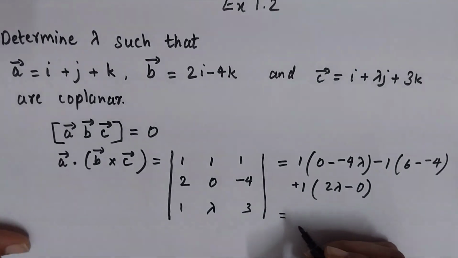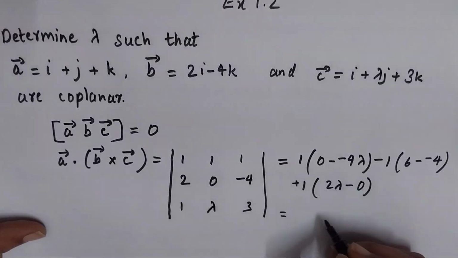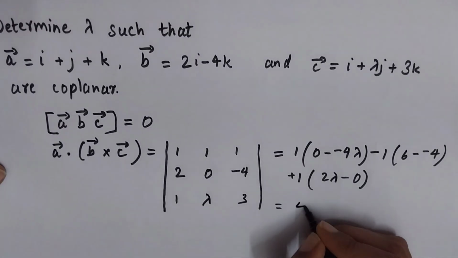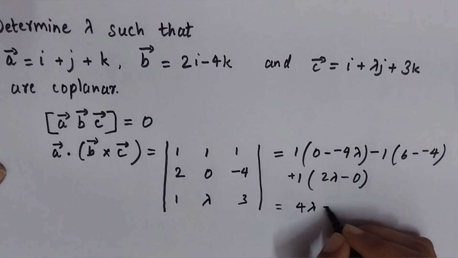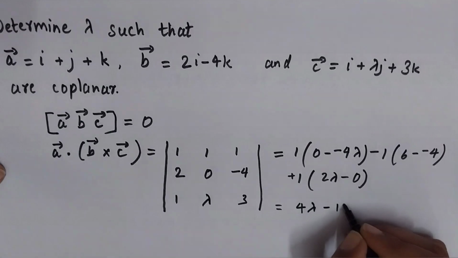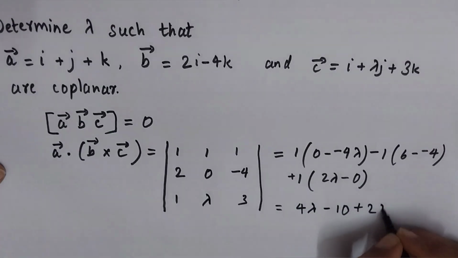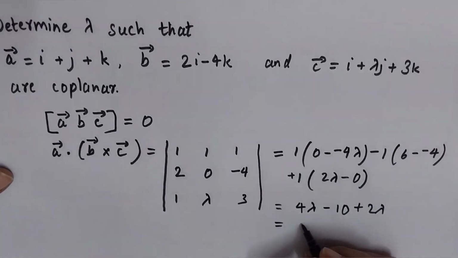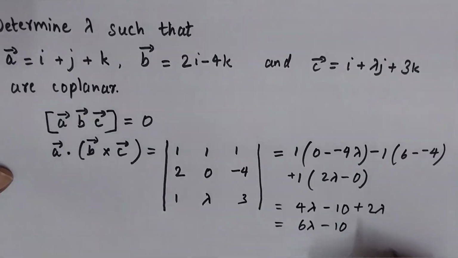So when you calculate this, you will get 4 lambda minus 6 plus 4 is 10, plus 2 lambda, which is equal to 6 lambda minus 10.